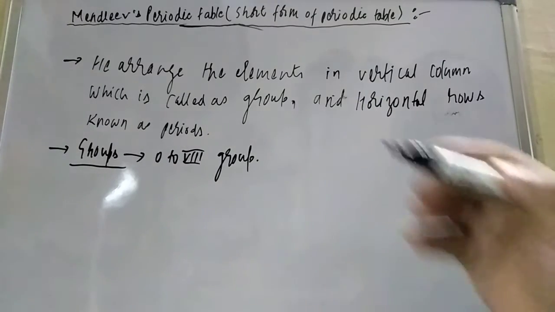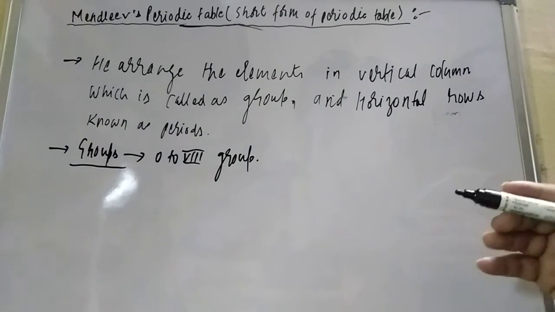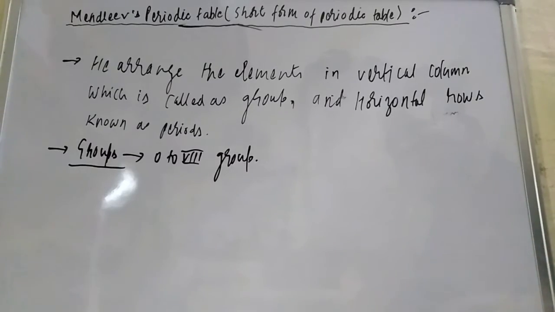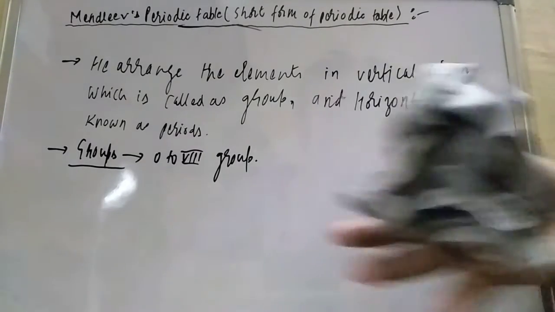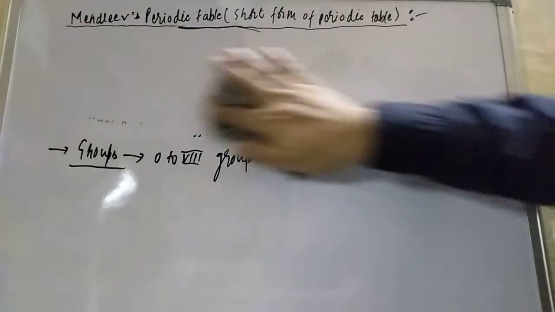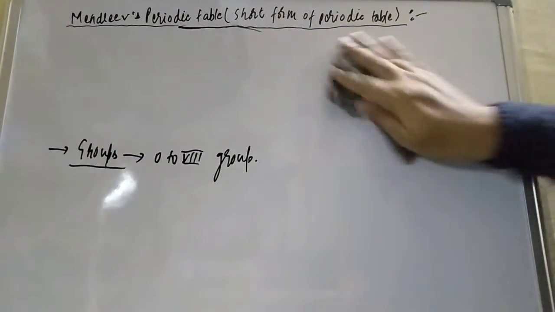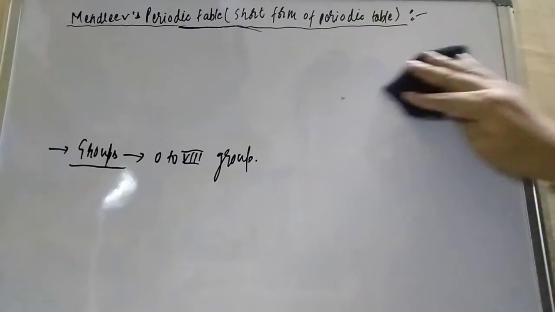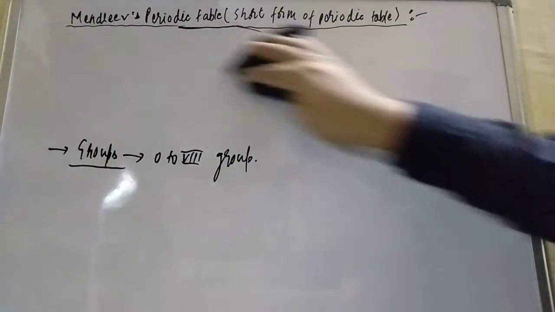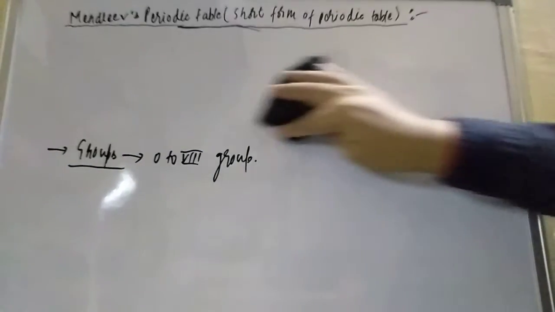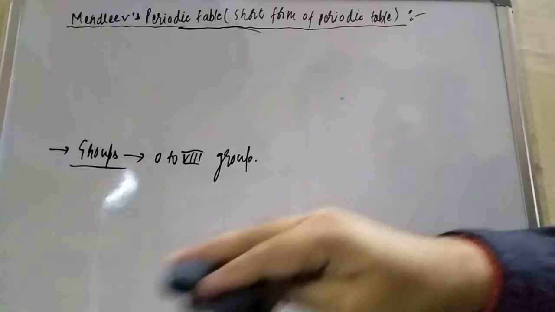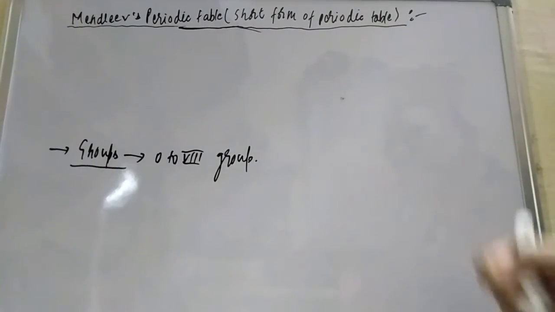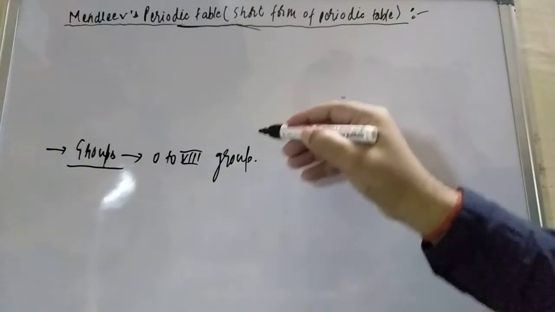And these groups were subdivided. Actually, the 0 group was not kept by Mendeleev; it was added by Ramsay, another scientist, but it was accepted in this periodic table. So the total number of groups is 0 to 8, which means 9 groups.